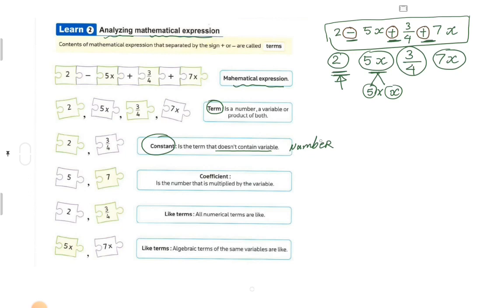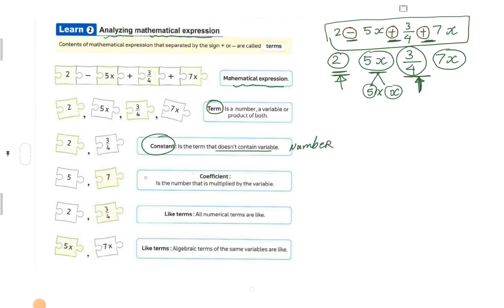Any term without any variable is just a number, and I call it a constant. Here we have 2, and we also have 3 over 4. Both of them are constants.